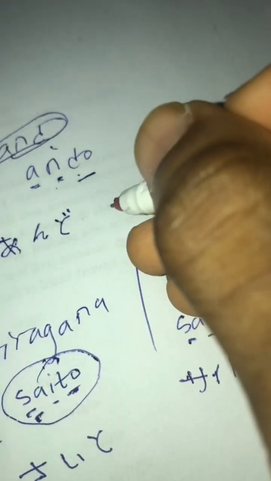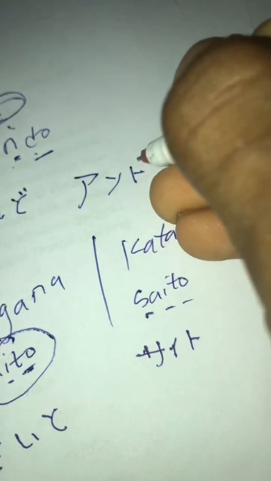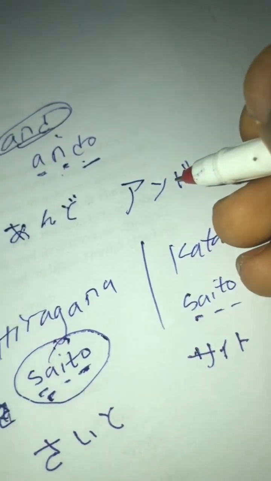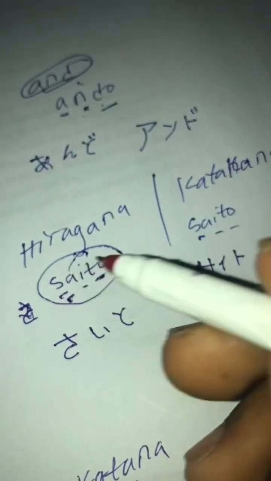Then for katakana, if you wanted to spell it in katakana, it's going to be "a," "n," "do." So that's it.